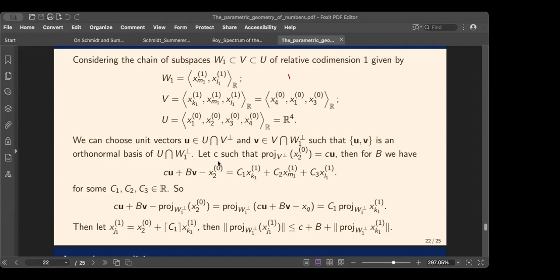So we can choose a proper b such that c plus b plus this projection is less than some constant times aji. So this construction will construct a proper vector xji such that condition 4 holds.